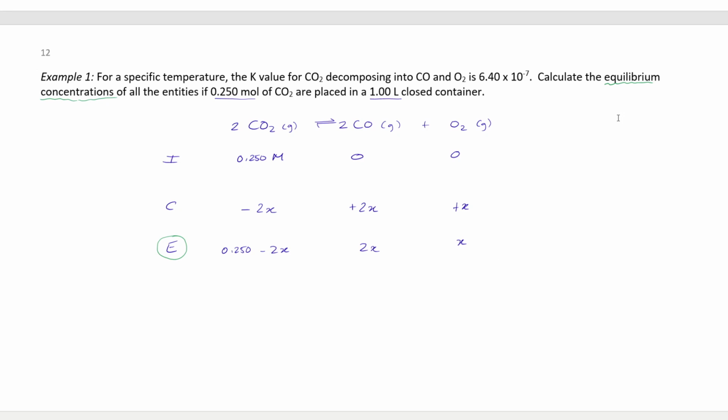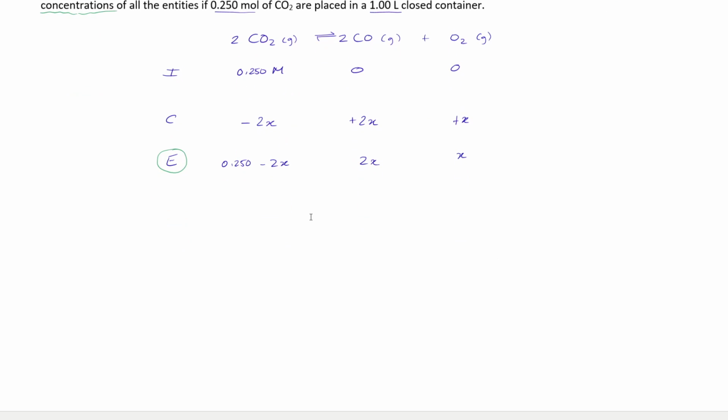So in order to solve for x, I need to come up with an equation. And so I'll do that by writing out my equilibrium law, which is K is equal to the concentration of CO raised to the power of 2, times the concentration of oxygen, all over the concentration of carbon dioxide.